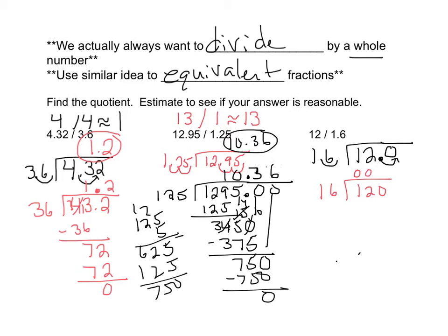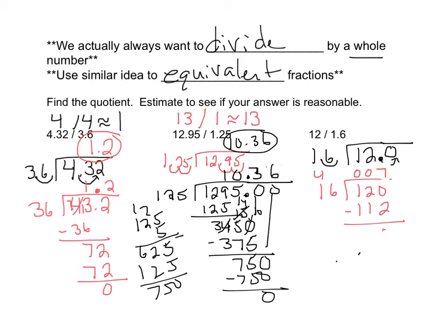16 doesn't go into 1 or 12, but 16 goes into 120. Let's see. About 6 times. 6 times 6 is 36. Actually, let's try it 7 times. So it'll be 112.